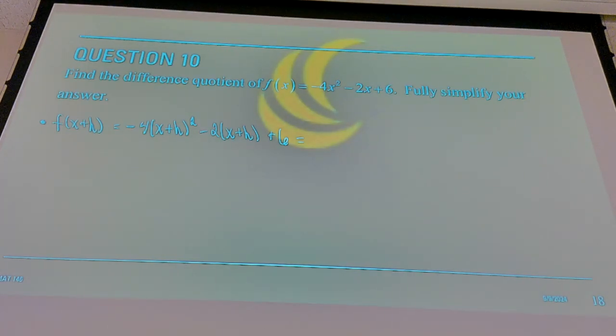Distribute. Distribute what? Before the negative 2. Can you distribute the negative 4? We technically can, but it's going to make it a lot more difficult.